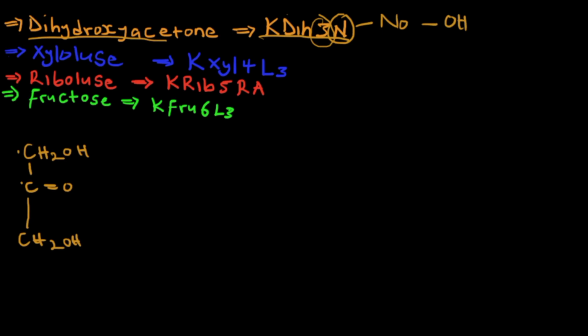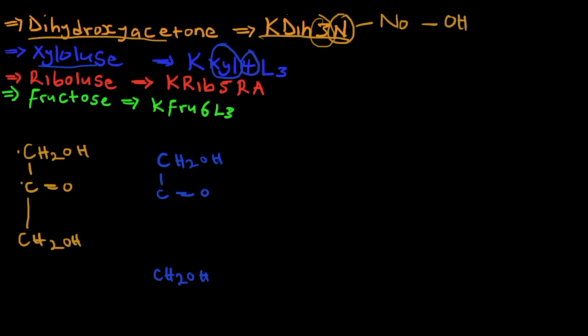Okay, so the next one is xylulose, and this is the code for it. The first thing is K, which I use to bring my ketose backbone, which is something like this: the first carbon and the second, and then the last carbon has its nature. This XYL tells me that I am writing for xylulose, and then 4 means it has 4 carbons.